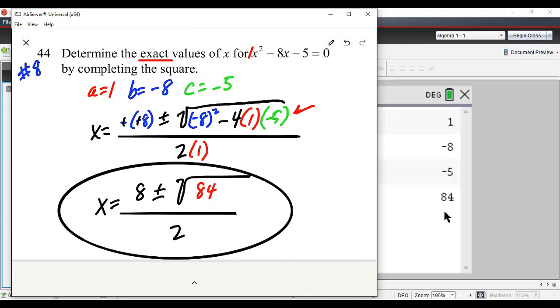We have a fraction with the square root of 84. That's going to be an irrational number. If we actually were to calculate this, I'll show you what we would get.